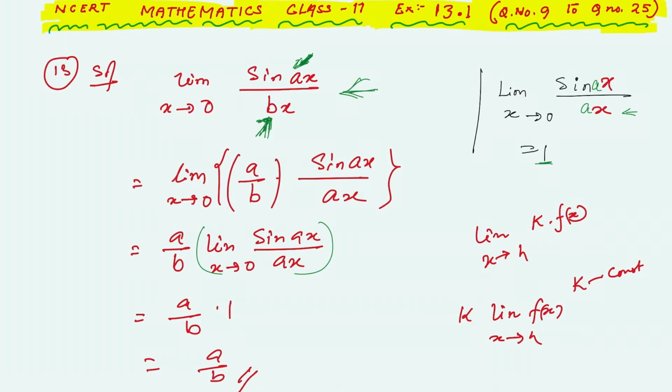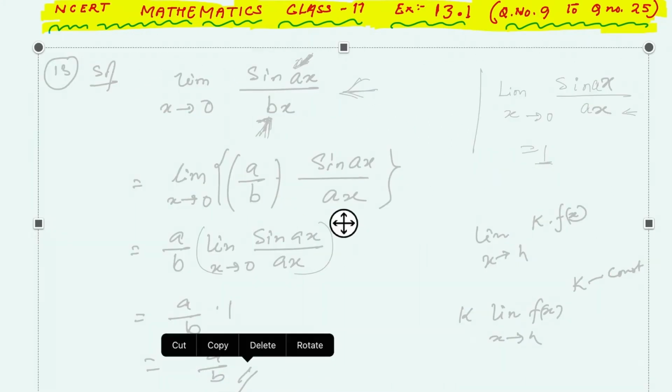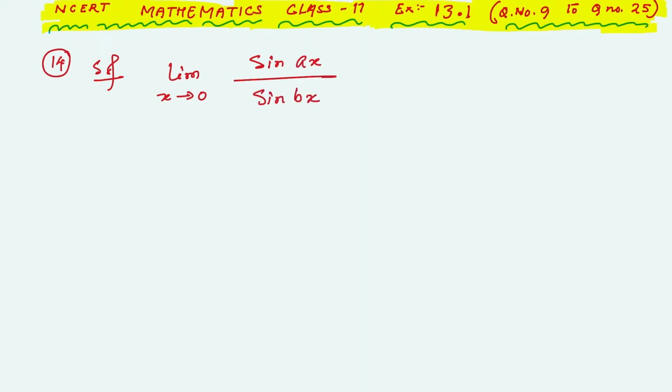So now let's move on to the next question, question number 14. Limit x tends to 0 of sin ax by sin bx.